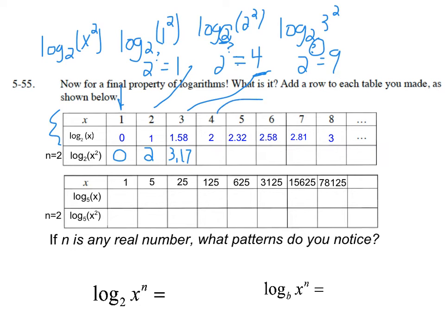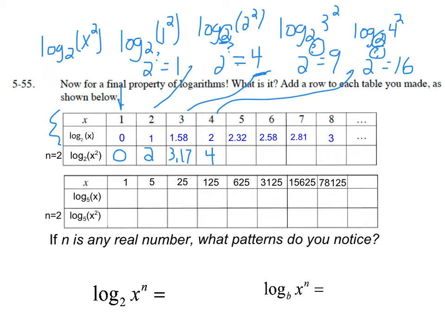And let's do one more. Then we're going to see if we can find a pattern. X is 4. So the log base 2 of 4 squared means 2 to some power has to equal 4 squared, which is 16. Well, that's going to be 4, 2 to the 4th power.